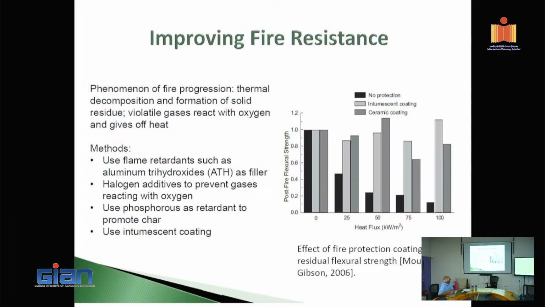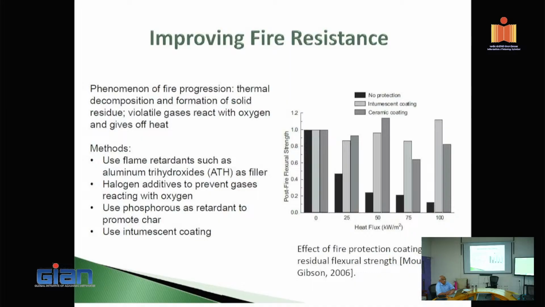How do you improve the fire resistance? What is the effect of fire protection coatings on the residual flexural strength? Use of flame retardants such as aluminum trihydroxides as a filler, halogen additives, use of phosphorus as a retardant, and intermittent coating.